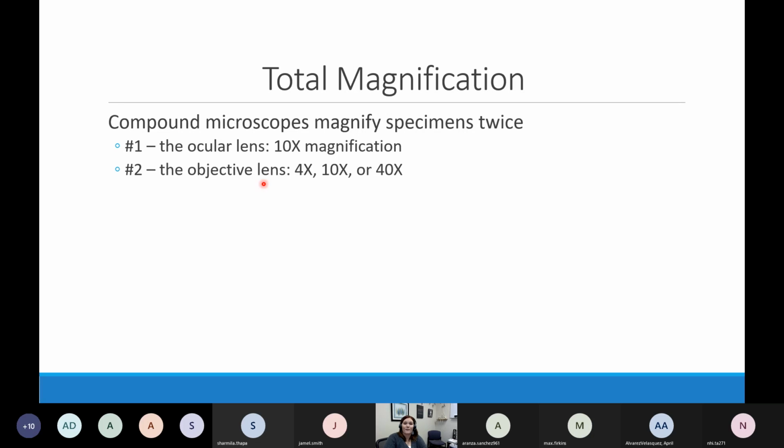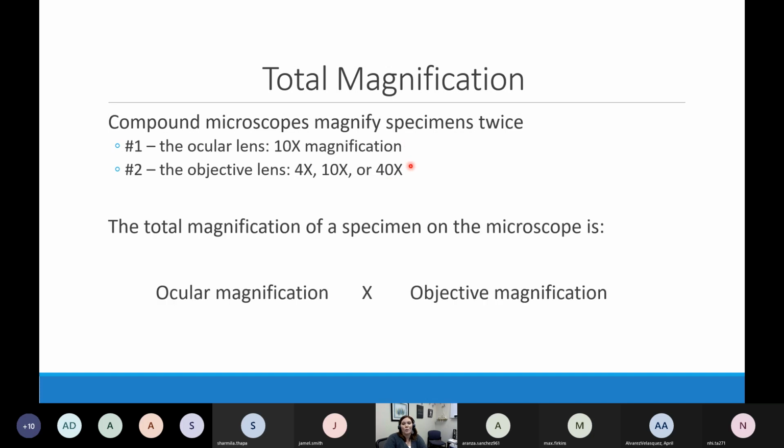And remember that we have 3 different objectives that are different colors and have different magnifications. So everything that you're looking at on your microscope slide is magnified by both of these things, which means that we have a total magnification that's bigger than either of the magnifications before it.